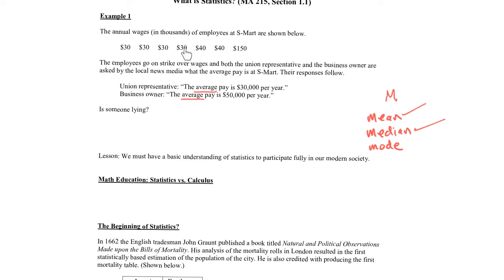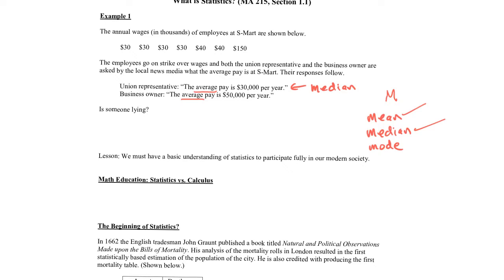The median here is 30,000. So if you say the average pay is 30,000 a year, it's technically true if you use the median. I'll tell you that typically when money is involved, you do use the median, for reasons we'll see later. The median is typically not affected by outliers, where the mean is.